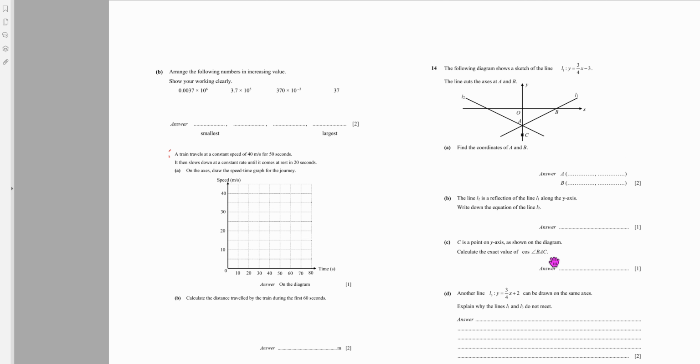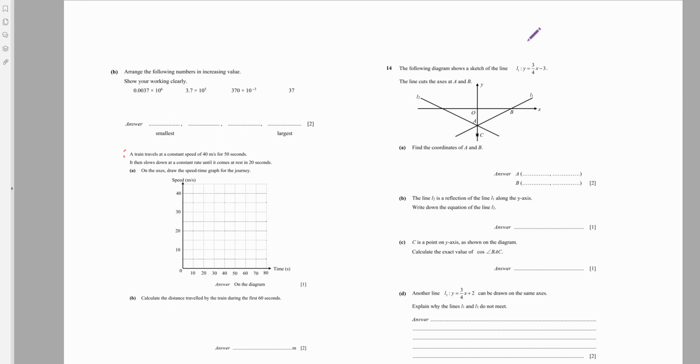Let's start with 14 first. For 14, the main concept is linear equation, which has this format y equals mx plus c. In this case, you can quickly tell your m is 3/4, and your c is -3. So this is line 1.